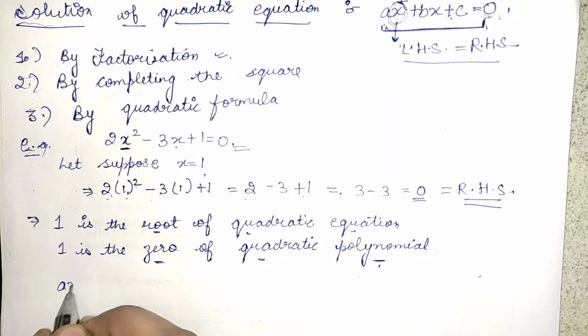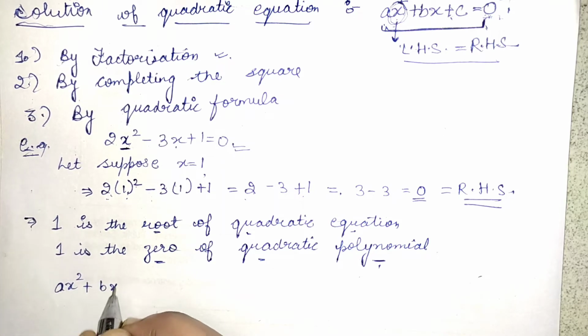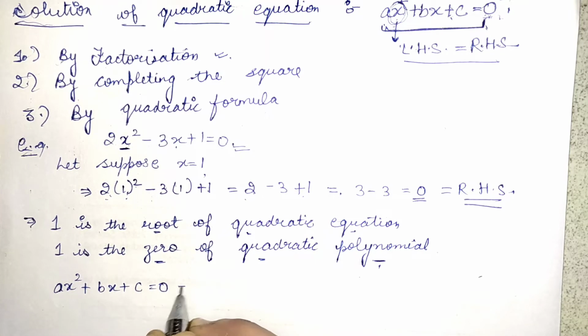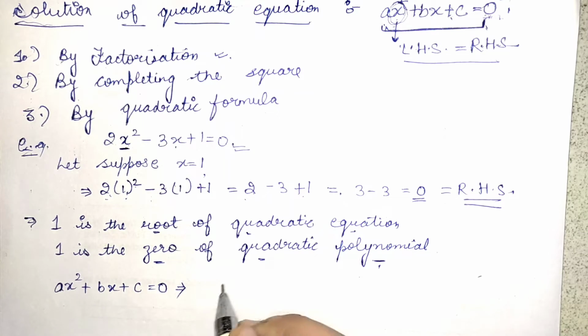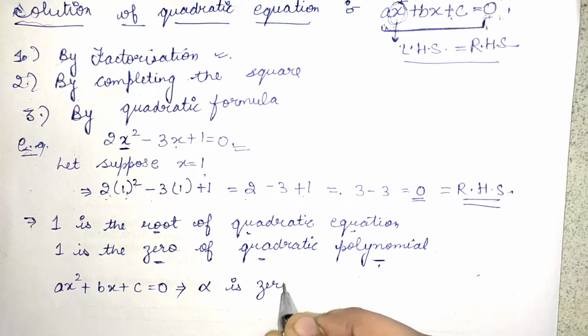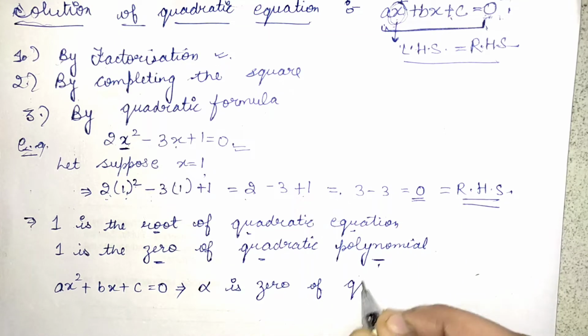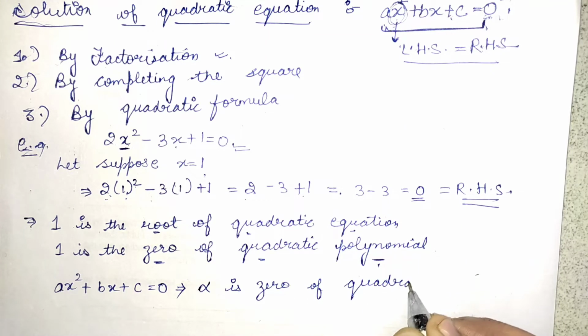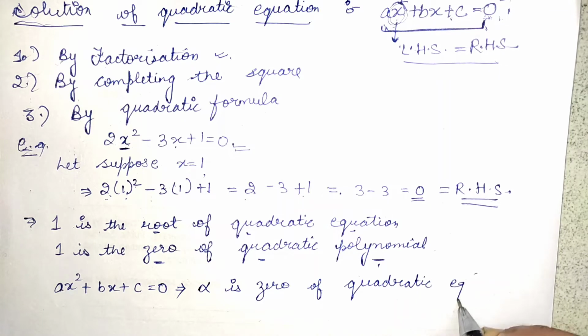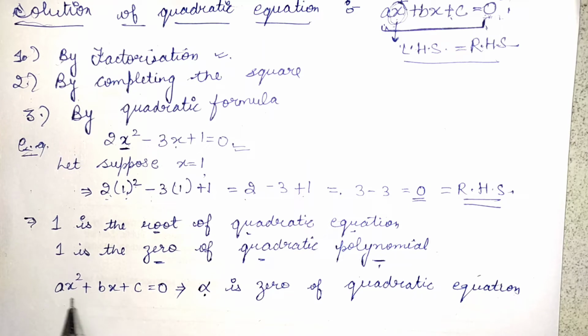That was for one particular quadratic equation. But in general, for ax square plus bx plus c equals 0, any general quadratic equation, let us suppose that alpha is the 0 of the quadratic equation. In a similar way, alpha will satisfy this equation, meaning when I put alpha in place of x, the left hand side becomes equal to 0.